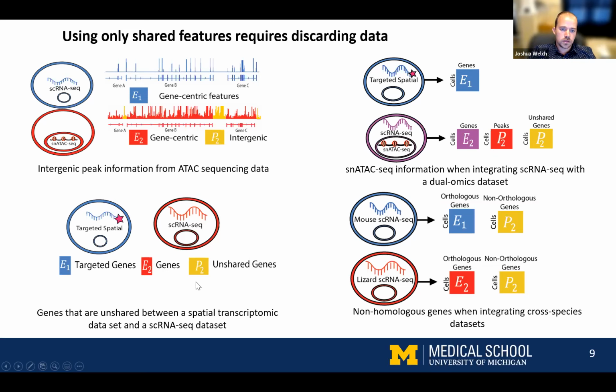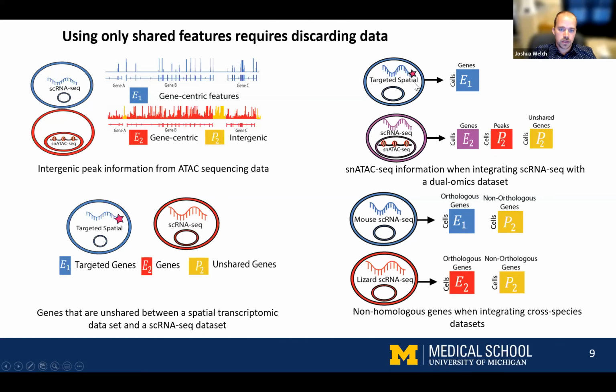Another example where this is problematic is if we're trying to integrate a targeted spatial transcriptomic approach like MERFISH or STARmap that can only measure a subset of all genes because they use targeted capture probes. And so in this case, if we're going to use one of the existing methods, we would have to throw out all of the genes from the RNA-seq data that are not measured in the targeted spatial data.